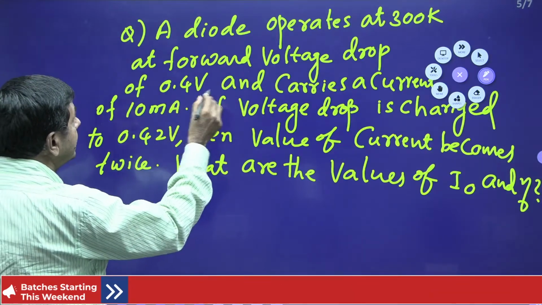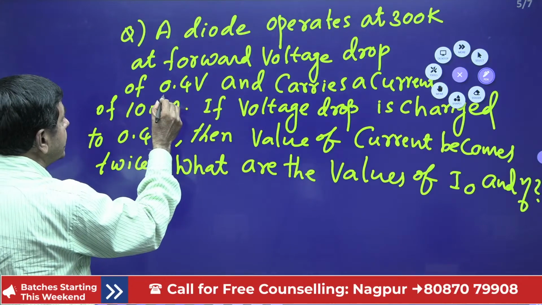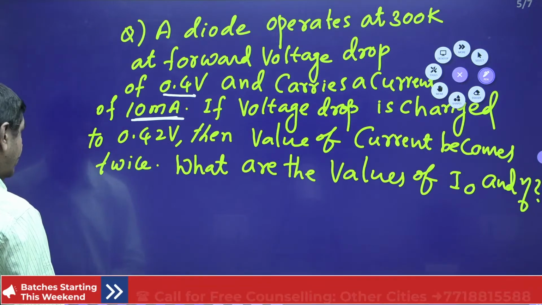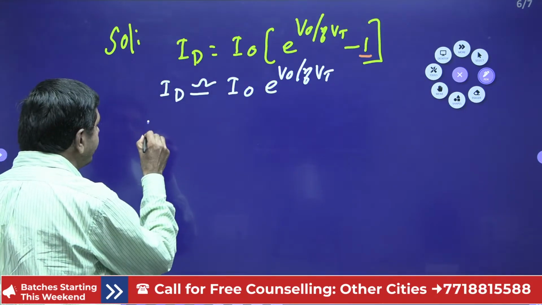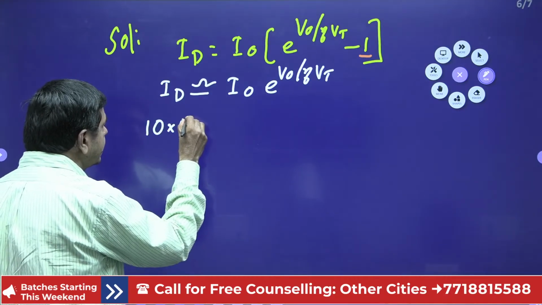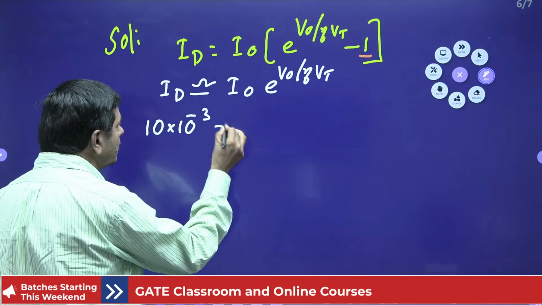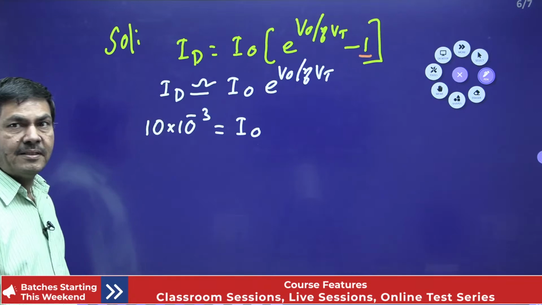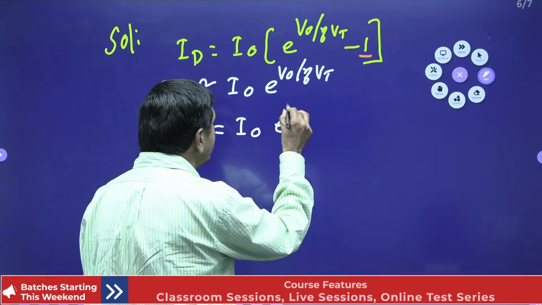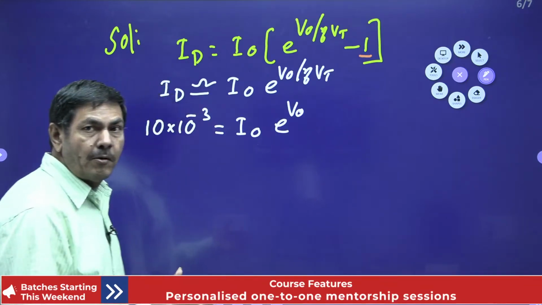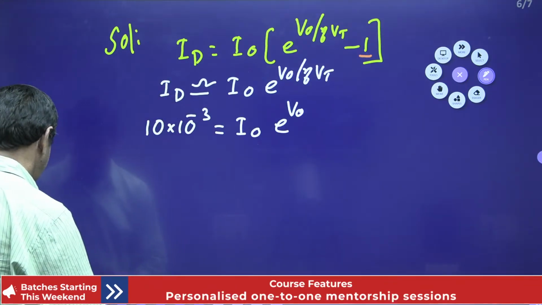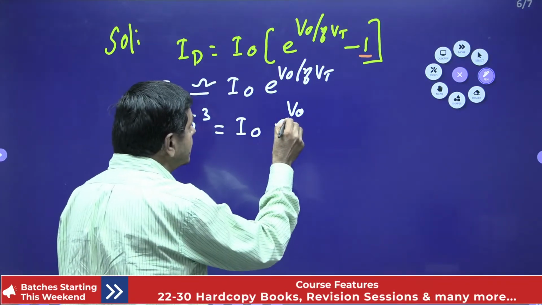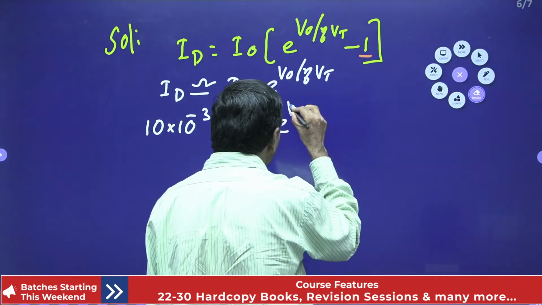The voltage drop is 0.4, and the diode current is 10 milliamperes. So 10 milliamperes is approximately equal to I naught into e power V naught, where, when the diode is forward biased, the drop across the diode is given in the problem as 0.4 volts. V naught is nothing but 0.4 volts, I can put directly.